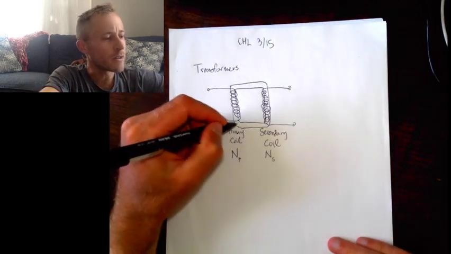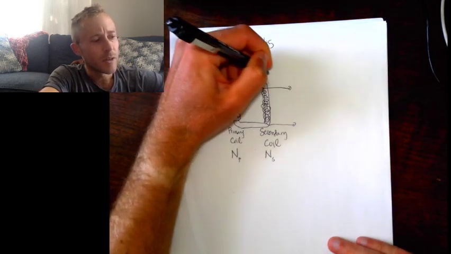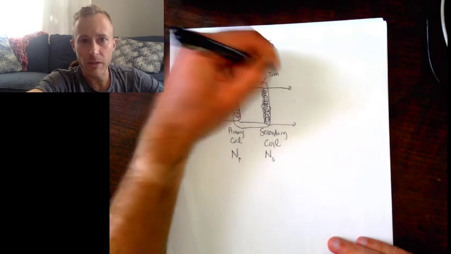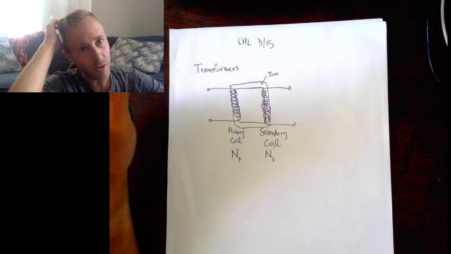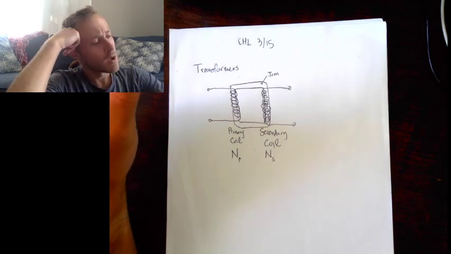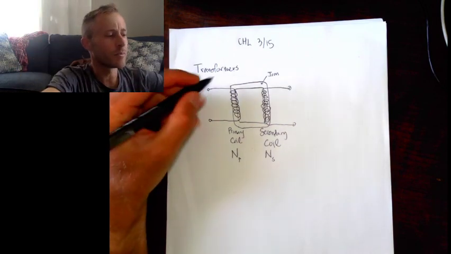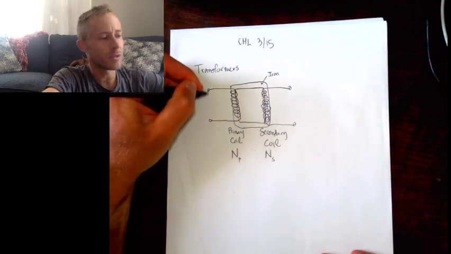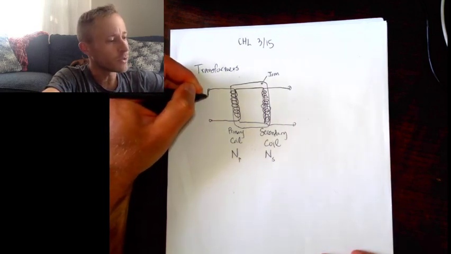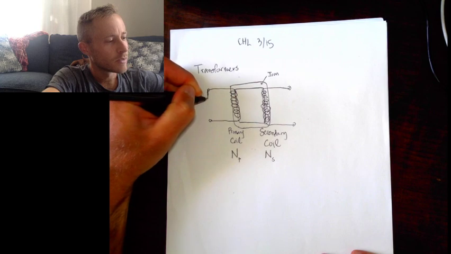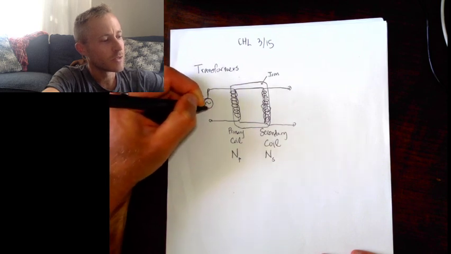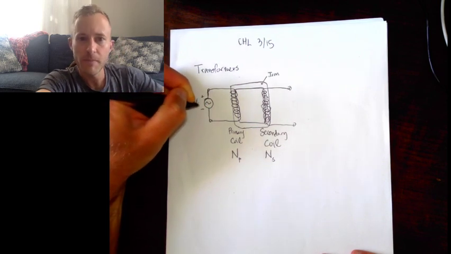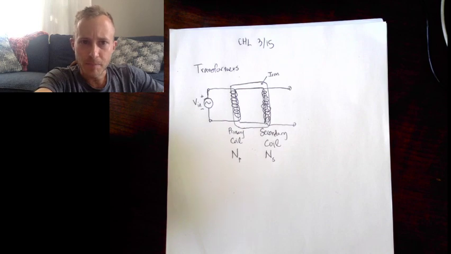So this is iron. Now, we talked about how iron has the effect of enhancing magnetic fields because it has a large permeability. So let's suppose that you have a certain input voltage. I'm going to use this symbol for the input voltage.